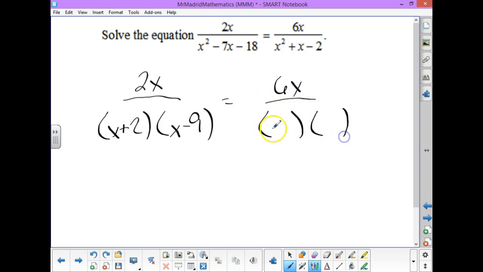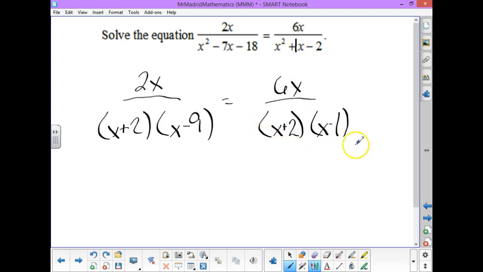Even for me, having done this for a while, the skeleton does an awesome job. So I'm going to go with +2. These multiply to give me that, and they add to give me that one right there.